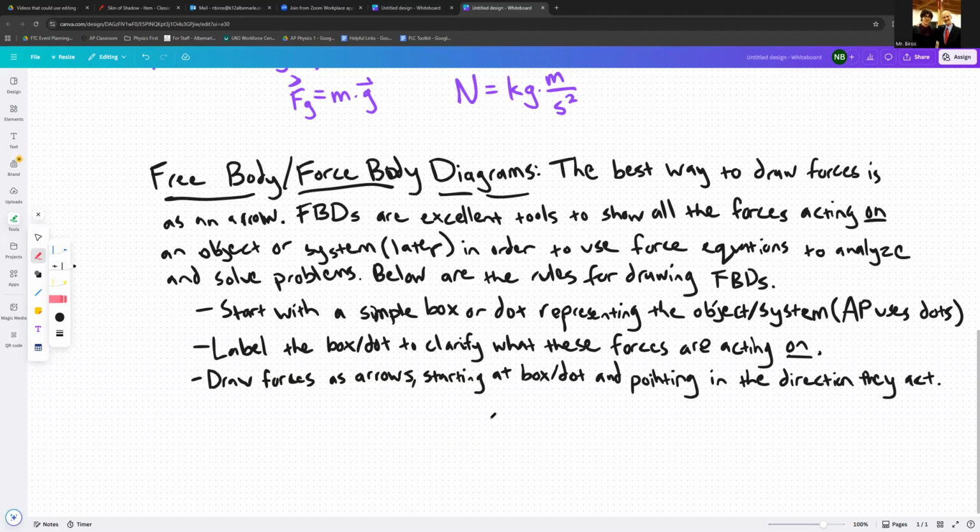So if you have a force acting to the right, you'll start that arrow on the right side of the box or dot and draw that arrow pointing to the right in the direction it is acting.